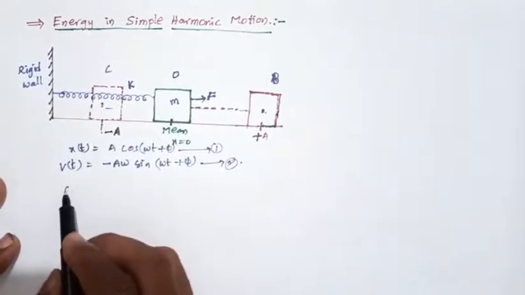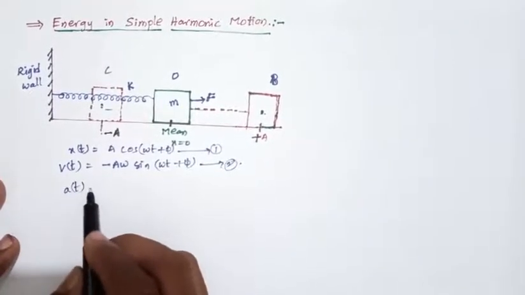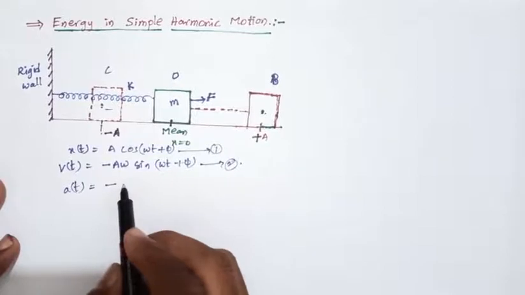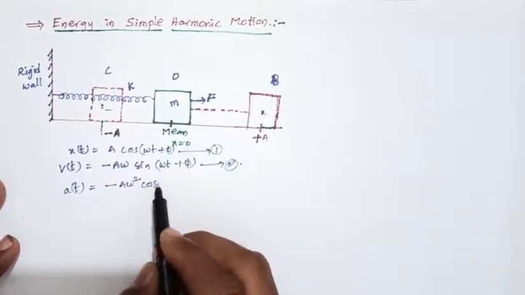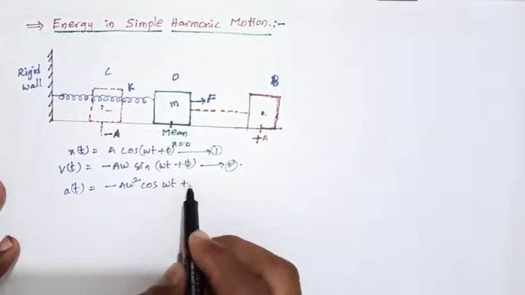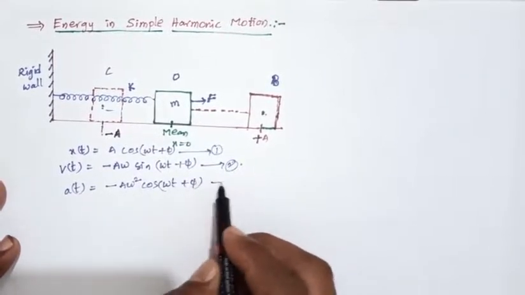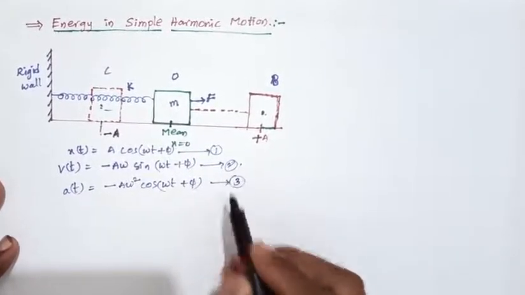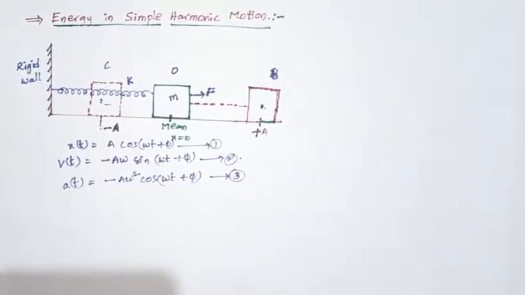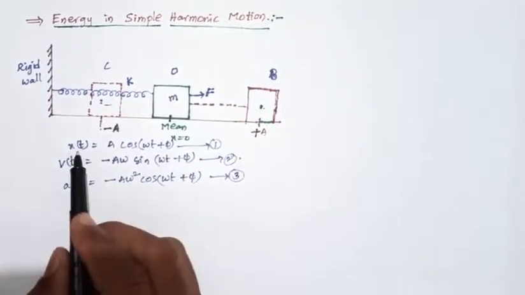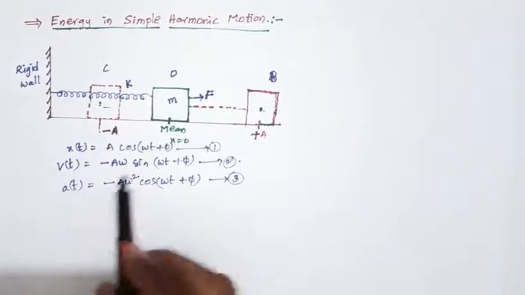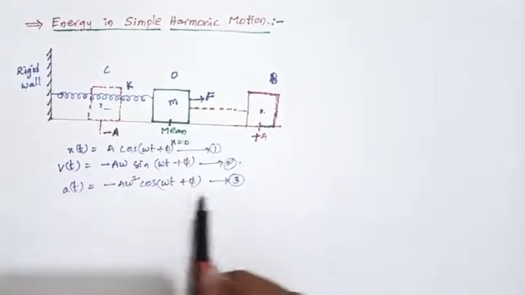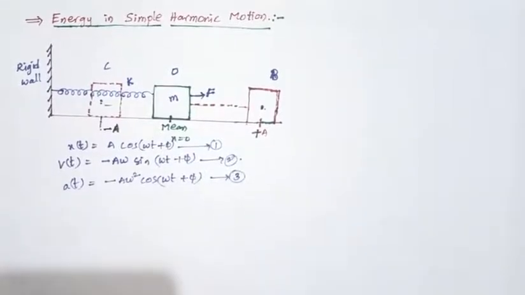And again the acceleration equation: a of t equals minus A omega squared cos of omega t plus phi. This is equation number 3. These three equations give the displacement, velocity, and acceleration of the particle.